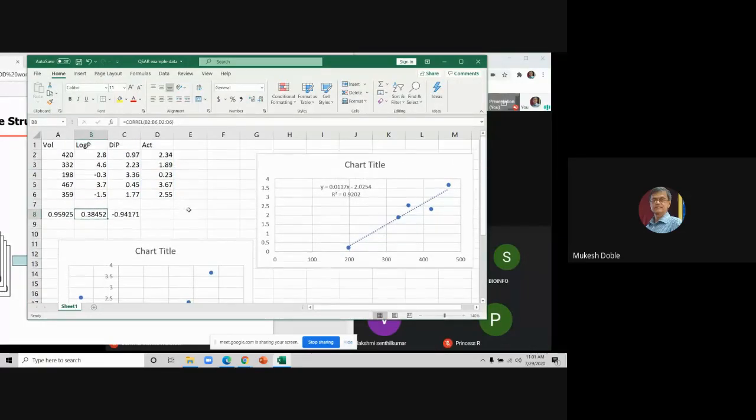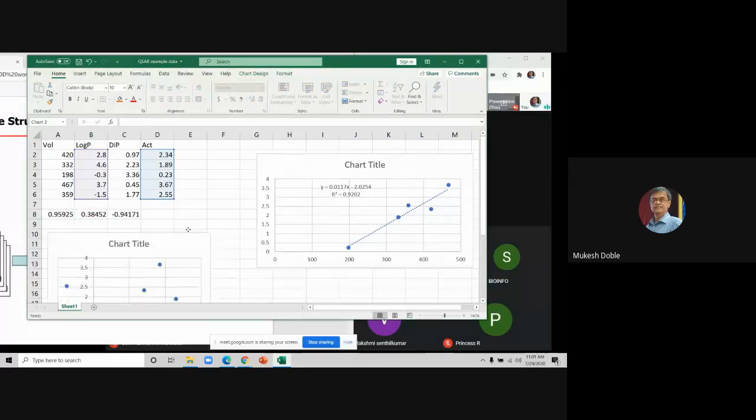Let's look at the third one, that is the dipole.